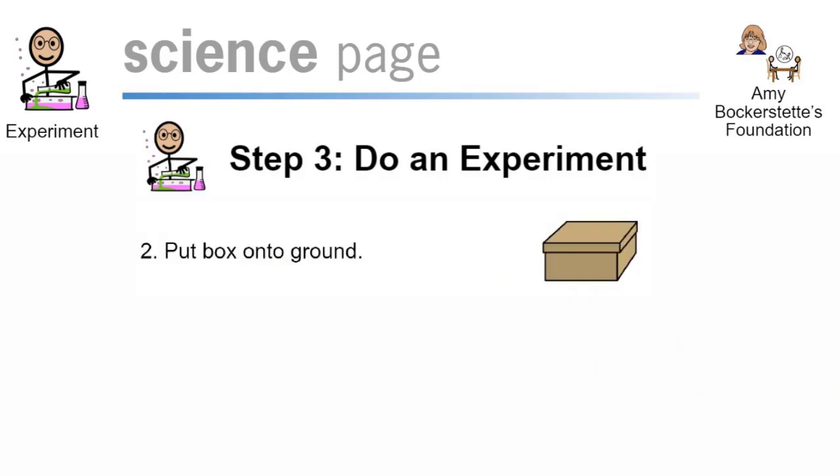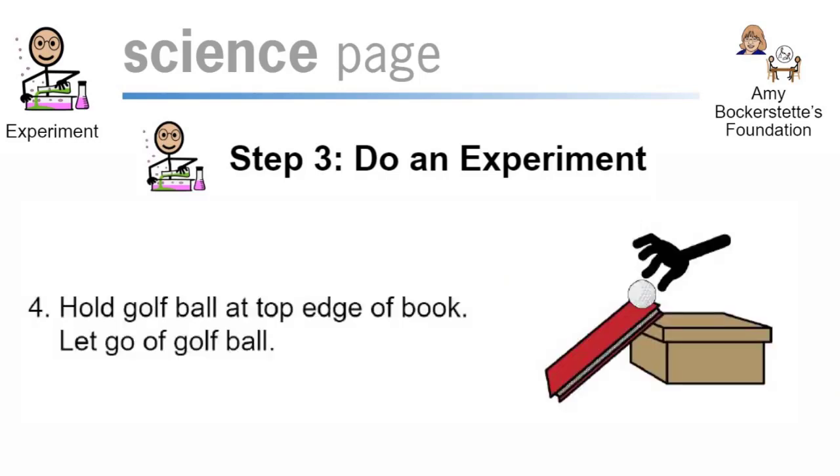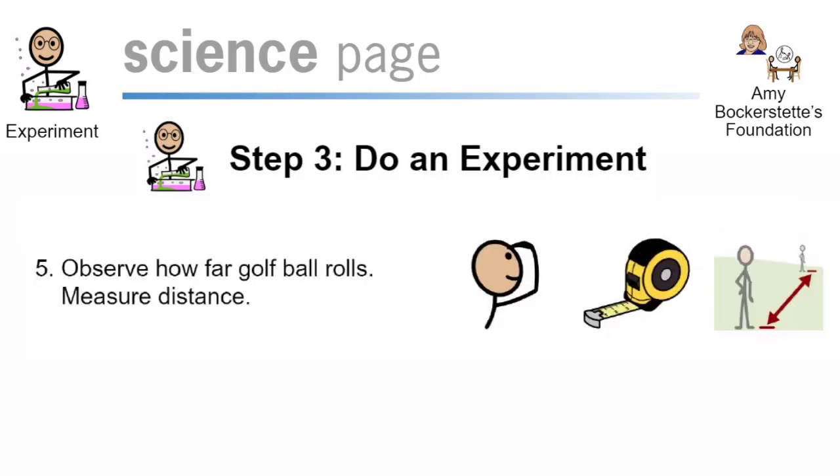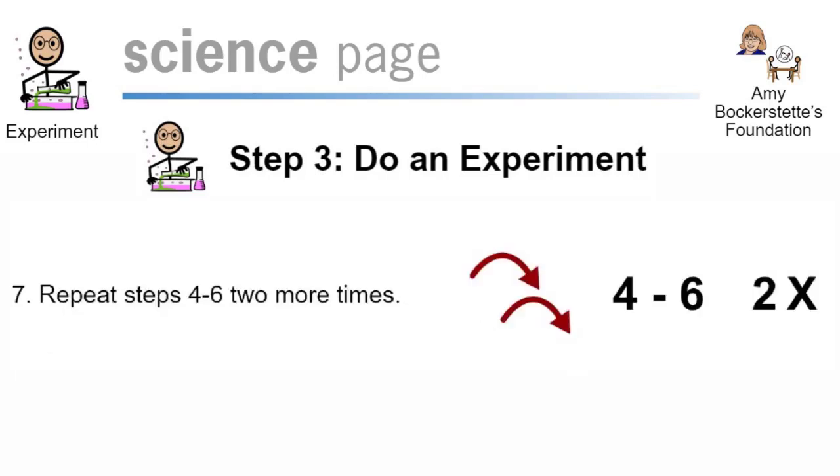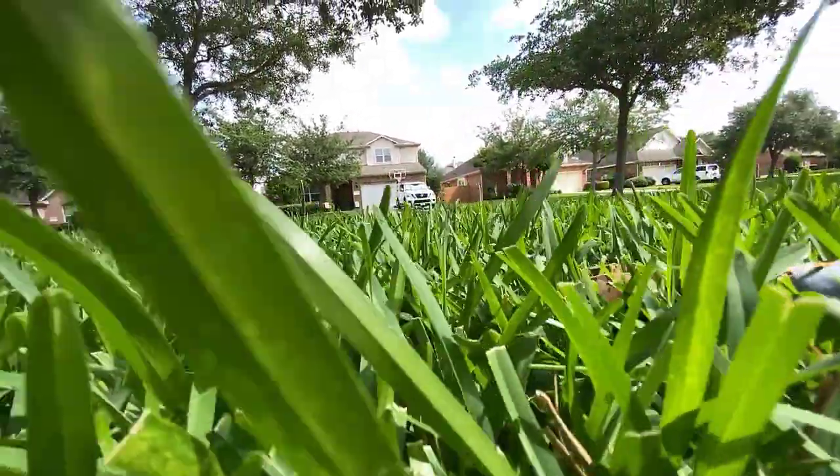I placed my ramp down. I placed a ball at the top of the ramp. I let the ball roll down the ramp into the grass. I then measured how far that ball rolled after it got off the ramp. I then repeated the steps another 2 times.